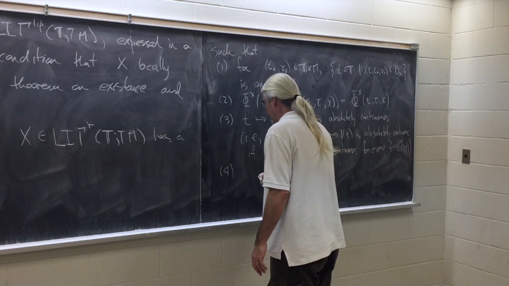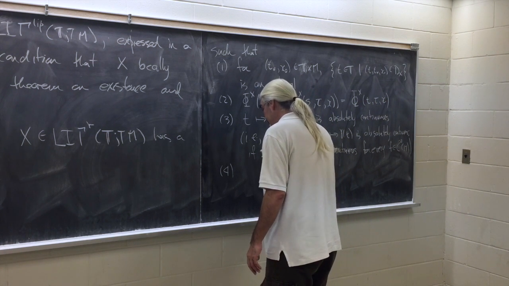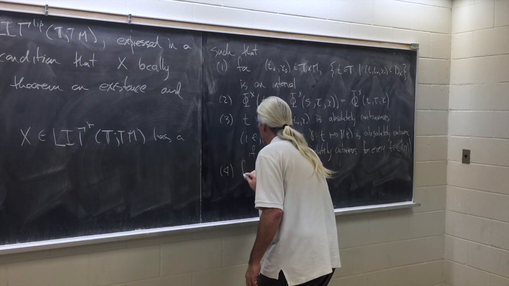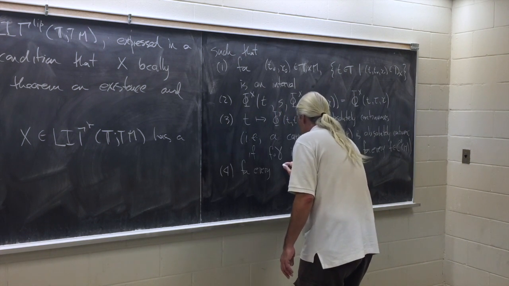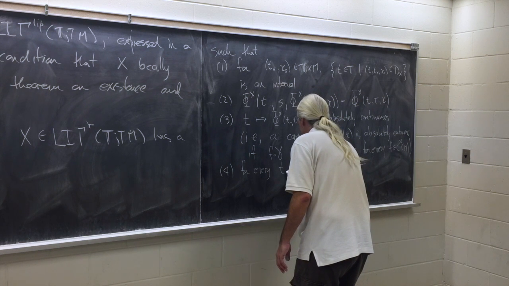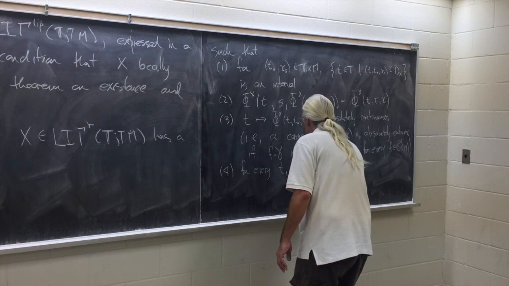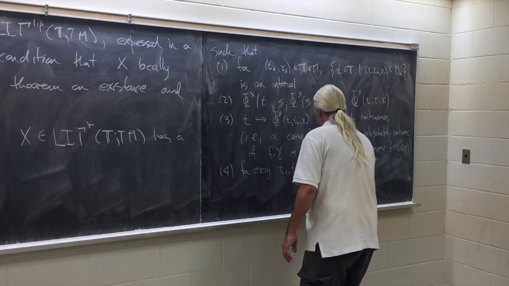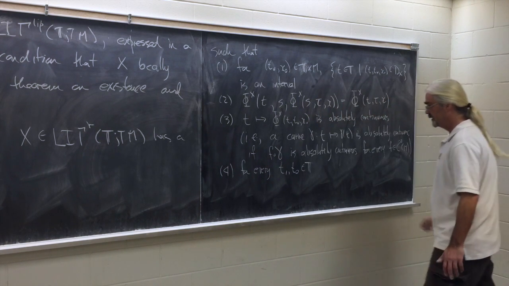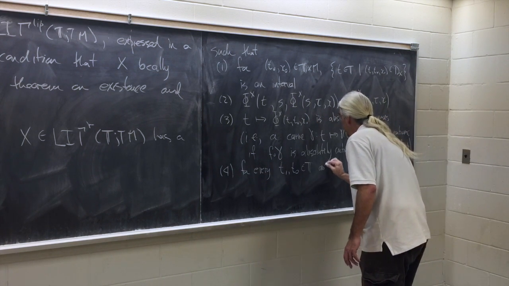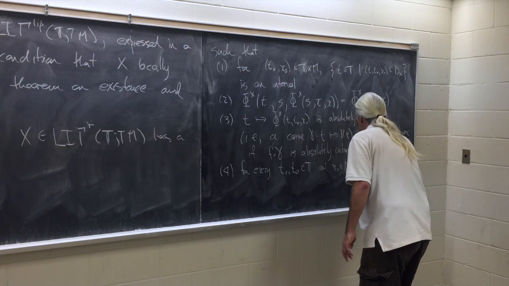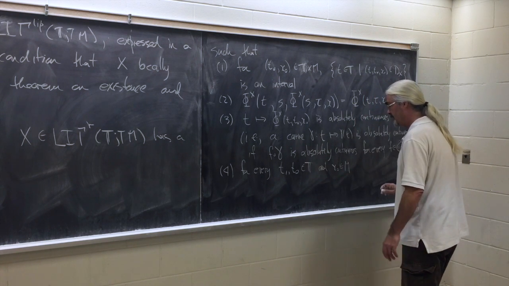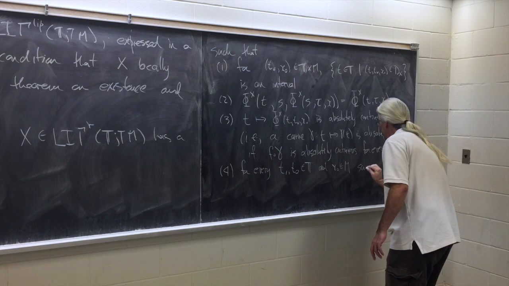The one thing here that's distinct is this: for every T1 and T naught and X naught in M. I'm saying this in a very awkward way, I apologize.